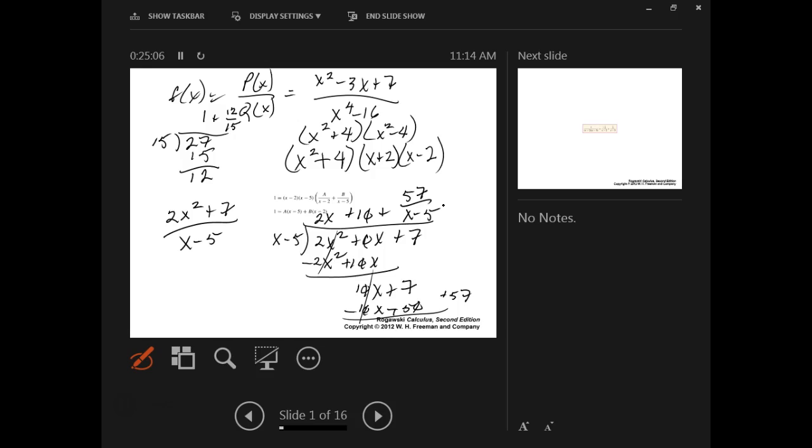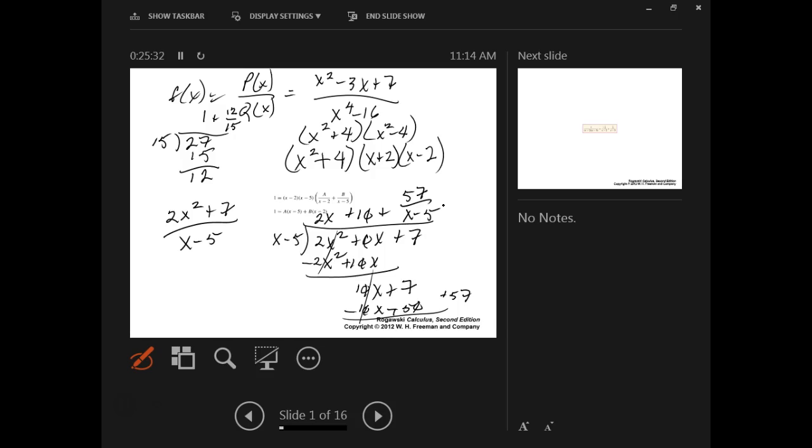So guess what? This was an improper rational function, and you wrote it as a linear function plus a proper rational function. Now, if you're integrating this, you can integrate that. That would be x squared. Integrate that, it would be 10x.